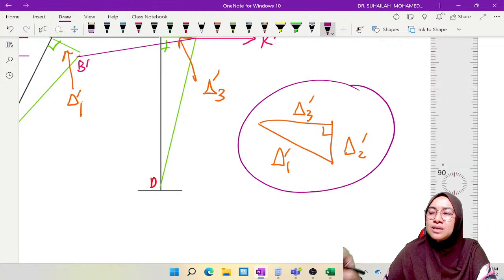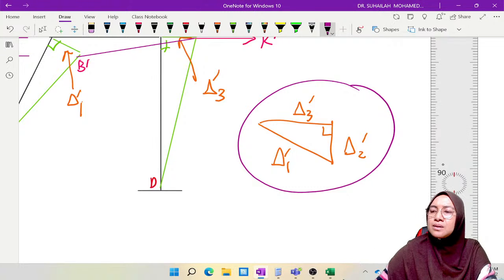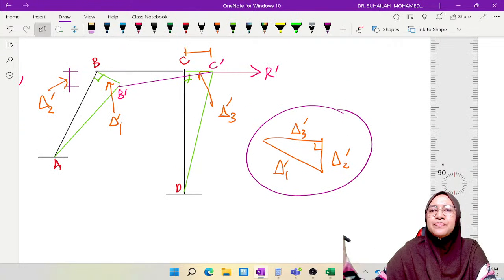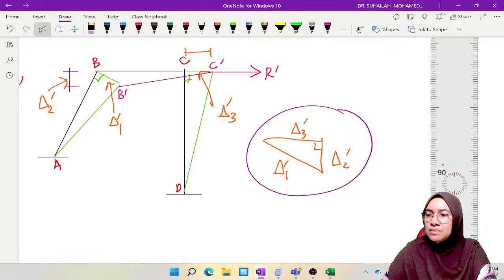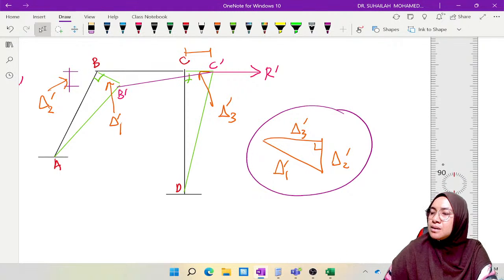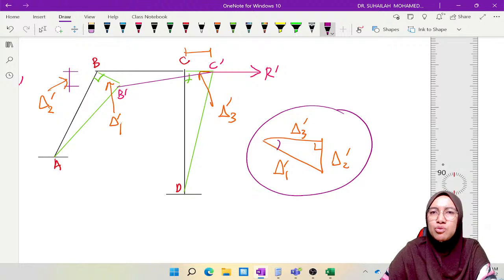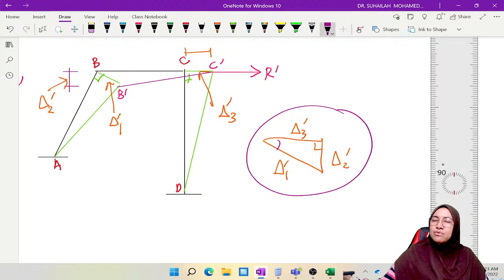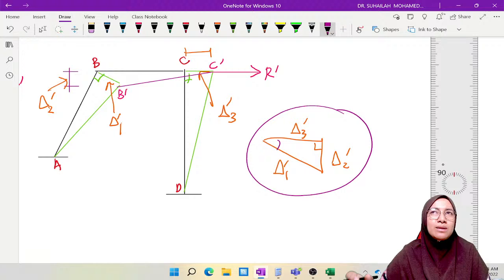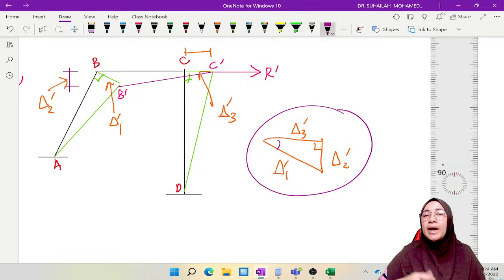Then the difficult part is whenever we need to do some process related to trigonometry or angle. We need to find the angle, maybe using trigonometry, and then make a relationship between delta 1 and delta 2, and delta 1 and delta 3, in order to find the right ratio.